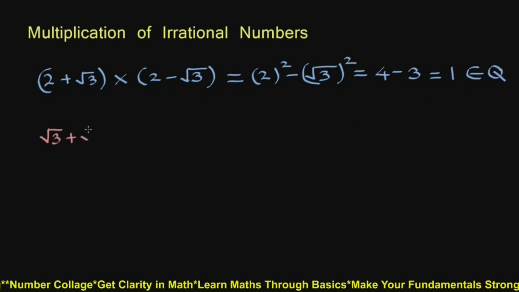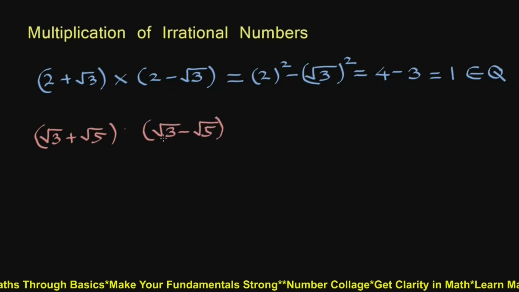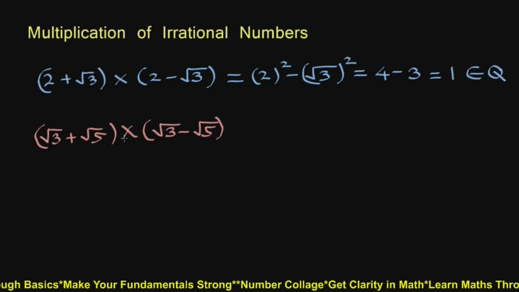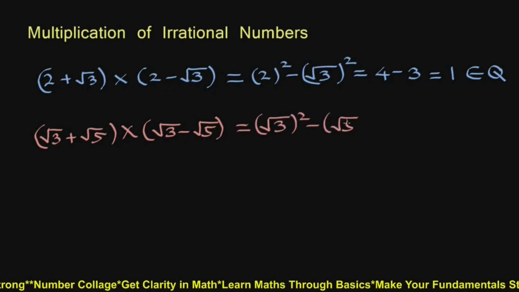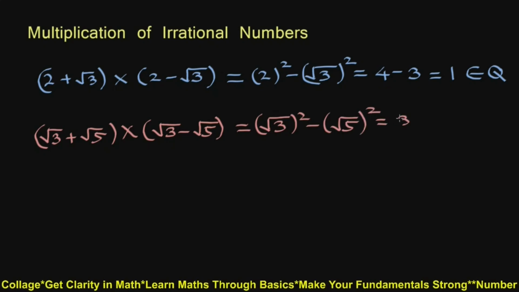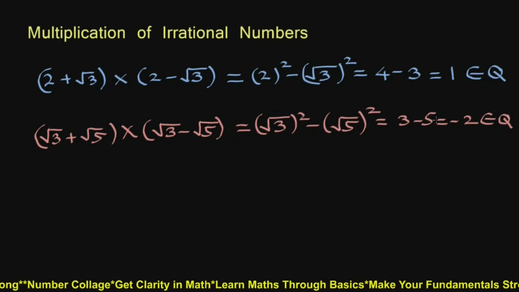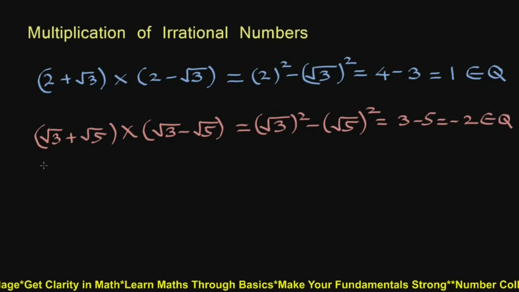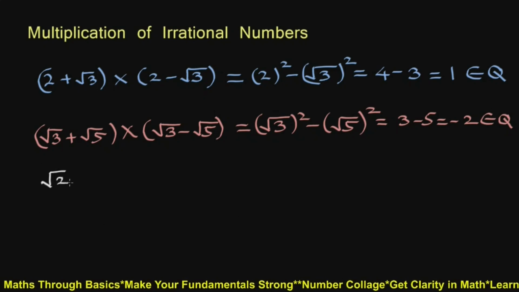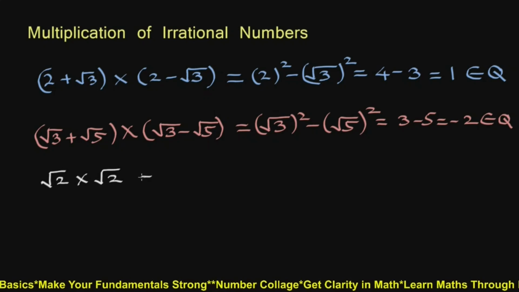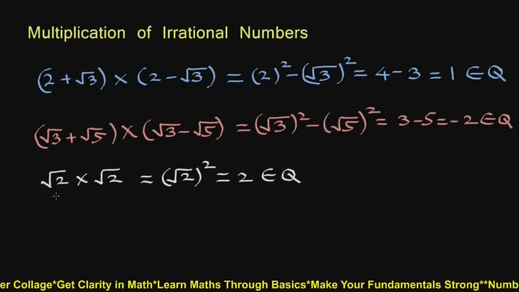Root 3 plus root 5 and root 3 minus root 5 are conjugates of each other, and their multiplication is root 3 square minus root 5 square, 3 minus 5, minus 2, which also is a rational number. So multiplication of conjugates gives us a rational number. Root 2 multiplied by root 2 is root 2 square, 2, which is a rational number.